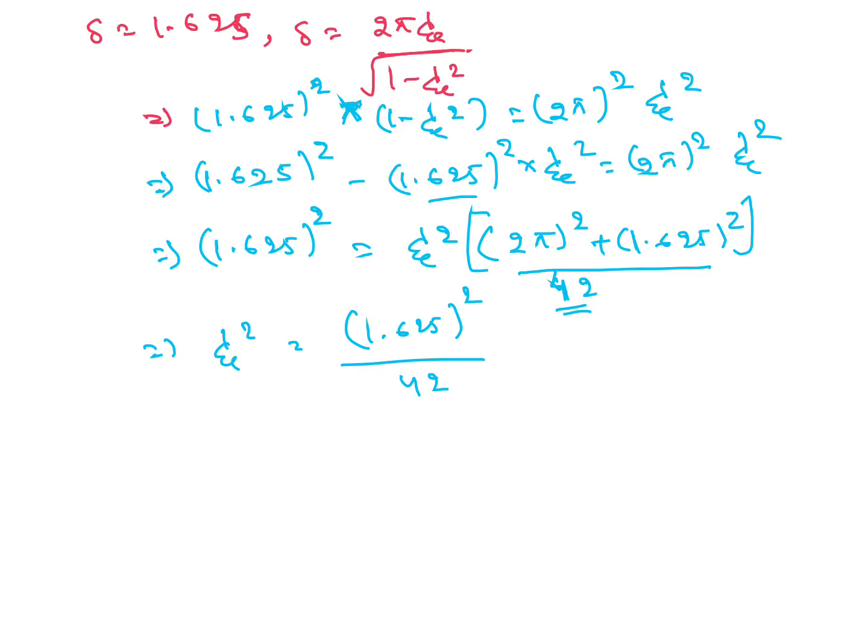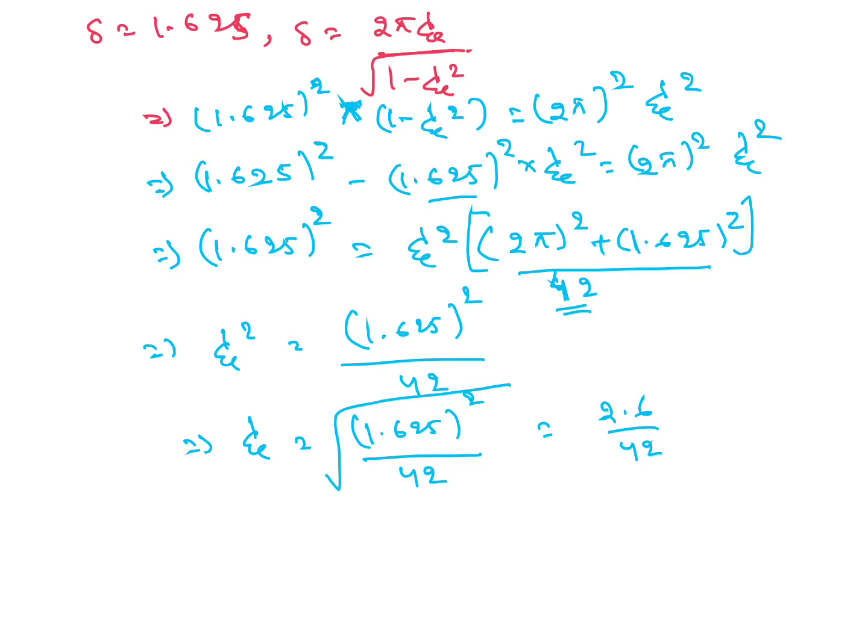So zeta is root over of 1.625 square divided by 42. 1.625 square is around 2.6, so root over of 2.6 by 42. Here multiply by 10, this is 26. So 13 into 2, 13 into 3.